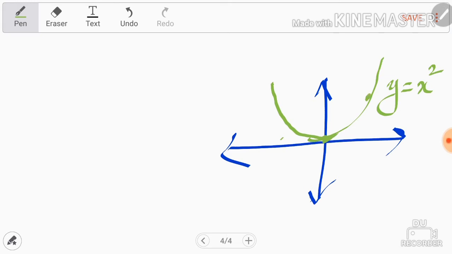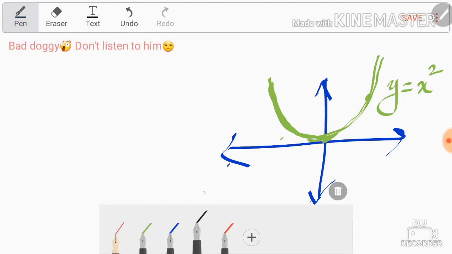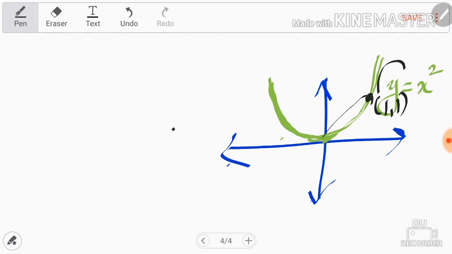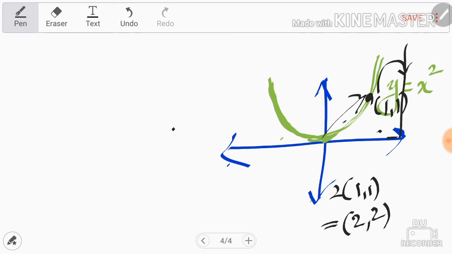Even this will not contain all the scalar multiples, because say if you take this vector for example, suppose this is (1, 1). Of course (1, 1) lies on this parabola. If I take 2 times (1, 1), it will become (2, 2), and this (2, 2) will lie very much outside the parabola.